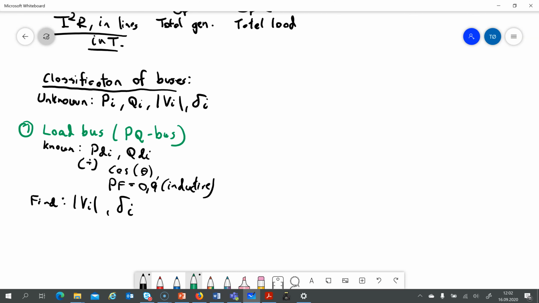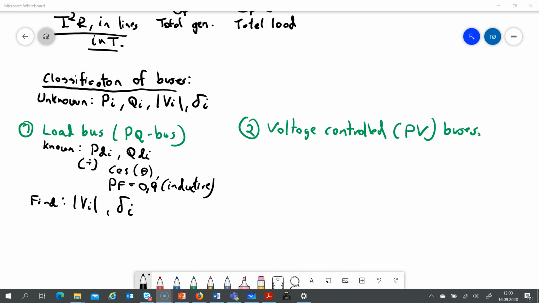The second bus, number 2, is the voltage control, or PV bus. We can call it a generator bus. Maybe that's easy to remember. Then it's written what we actually have specified.